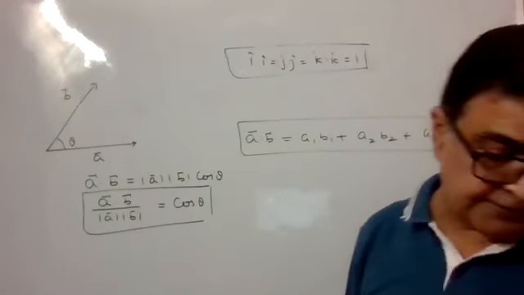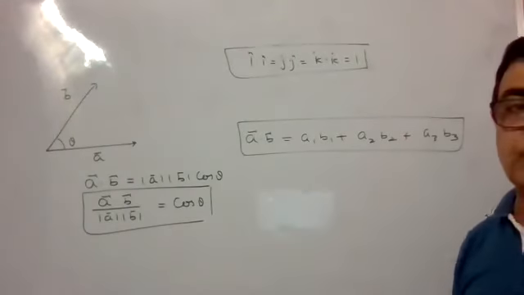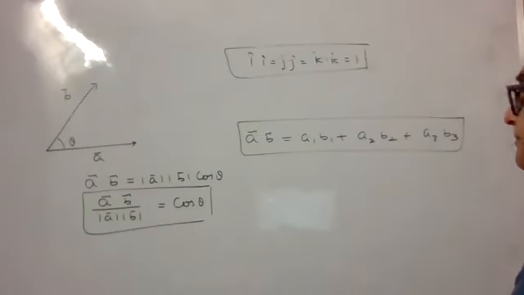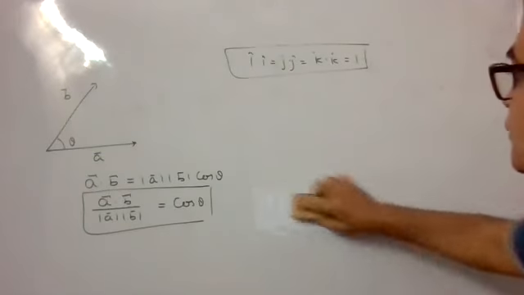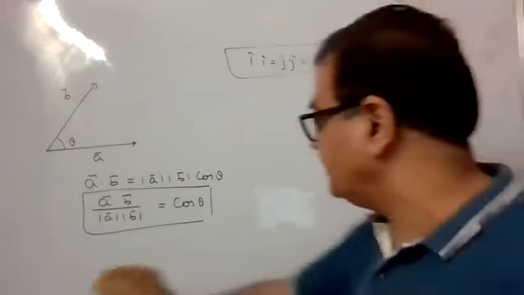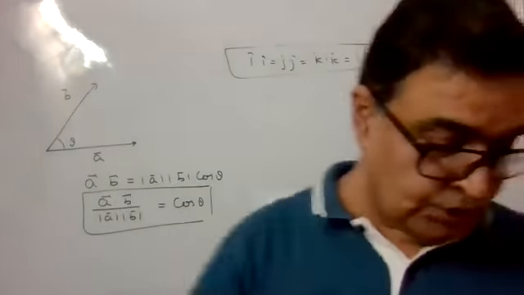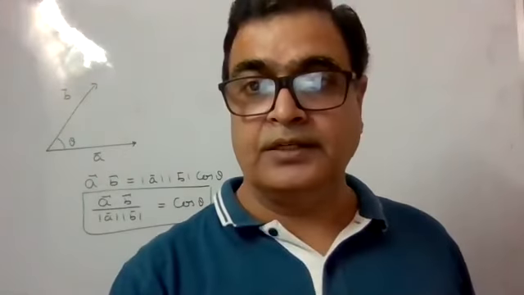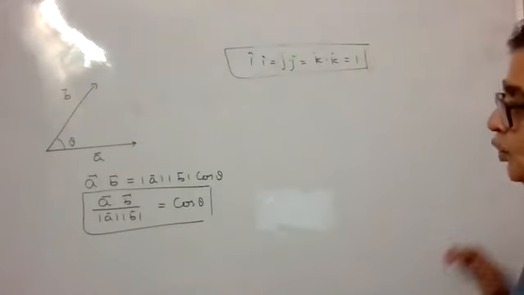Write the question, please. Find the angle between two vectors A and B with their magnitudes 2 and 1.